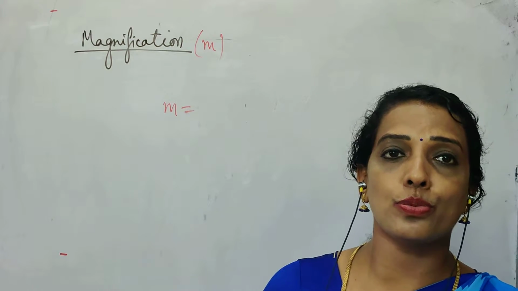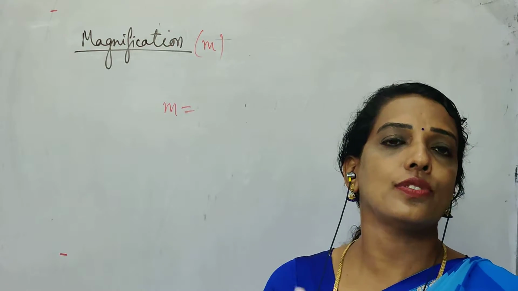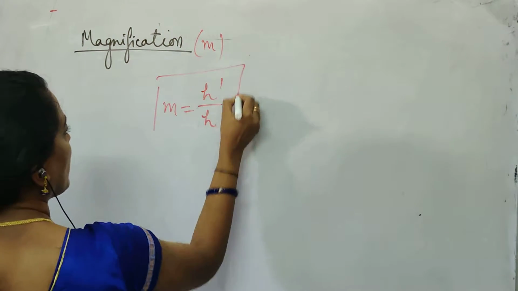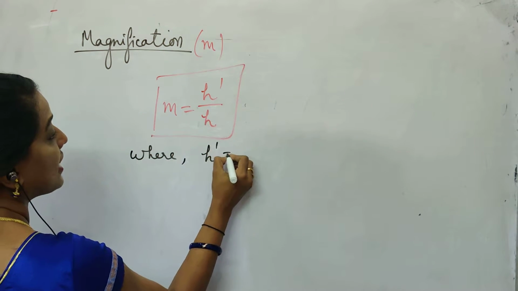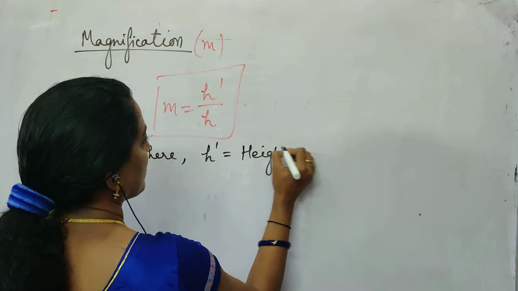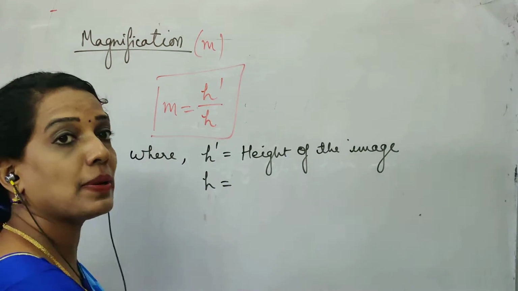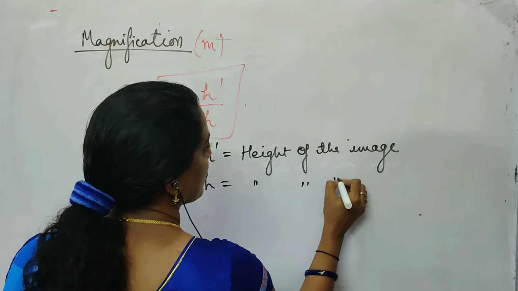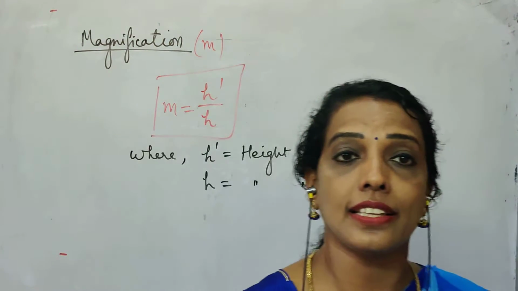The magnification produced by the lens is then h dash upon h, where h dash is the height of the image and h is the height of the object. That is how we get the magnification.